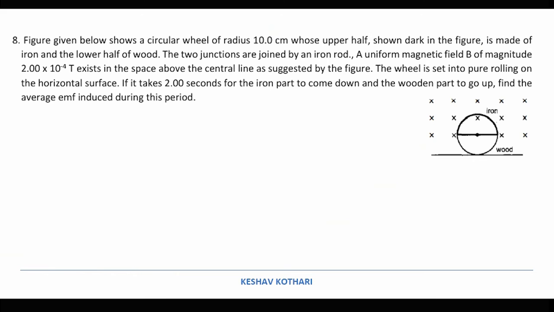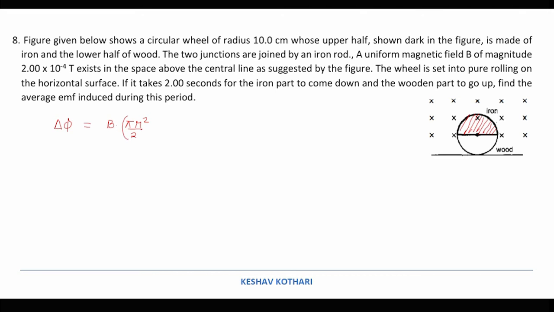That is, this particular area is going to contribute to the change in flux, because initially there was no flux associated with the other half portion. Hence the change in flux is equal to the flux contributed by half the area, that is B into pi r square by 2.